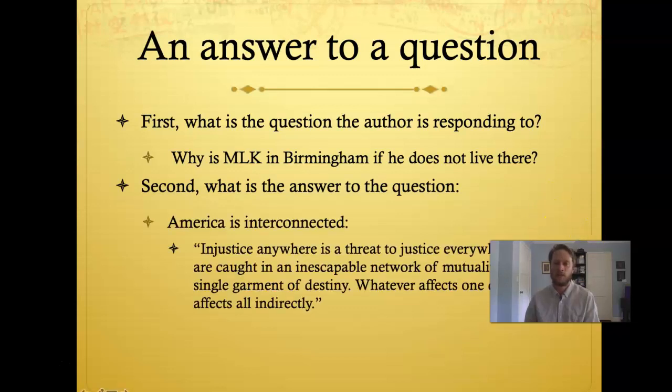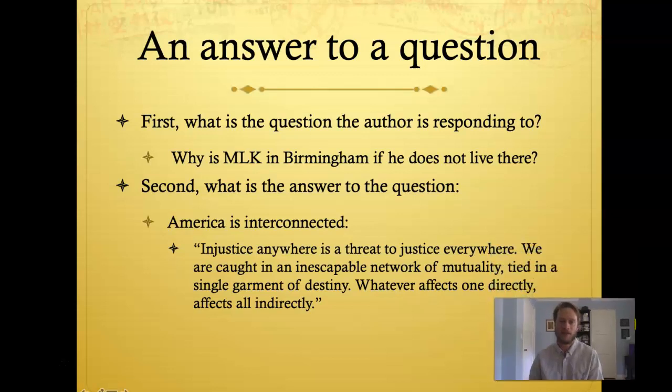Well, he's there because, as he claims, America is interconnected and interwoven. He writes, "Injustice anywhere is a threat to justice everywhere. We are caught in an inescapable network of mutuality, tied in a single garment of destiny. Whatever affects one directly affects all indirectly."